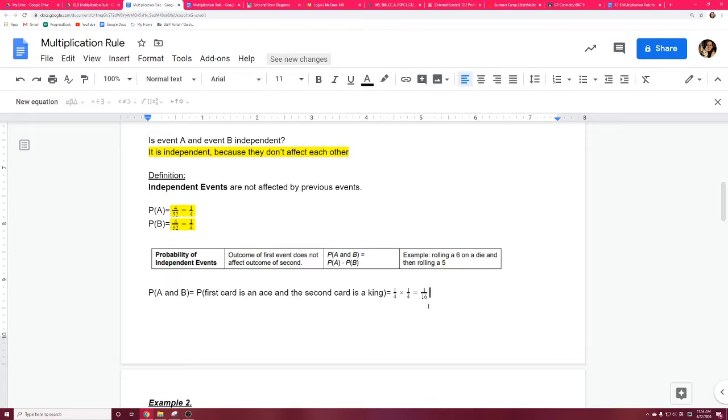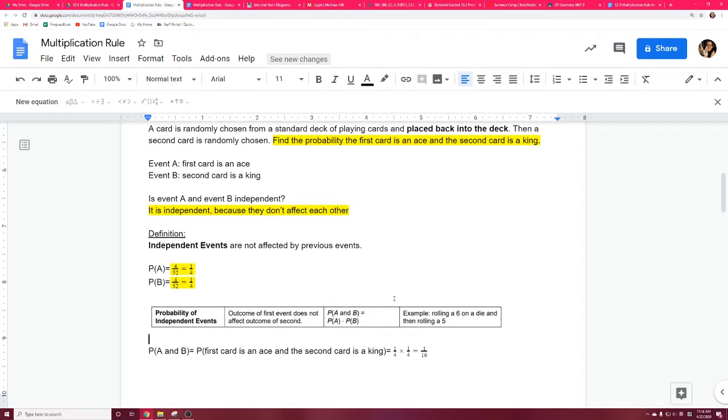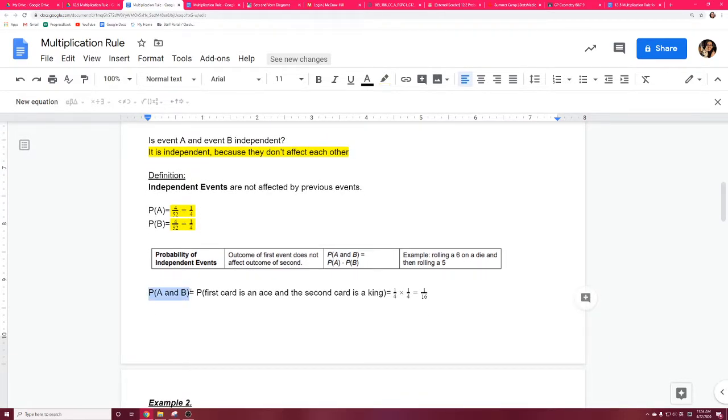That's why we do not like to lay out the outcomes to get the probability. Instead, we use the multiplication rule. That will make your life so much easier. This is the situation when the two events are independent: we simply multiply their probabilities together to get the probability of A and B.